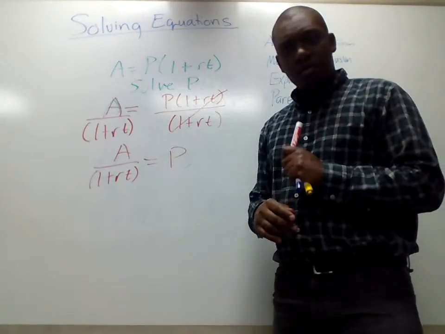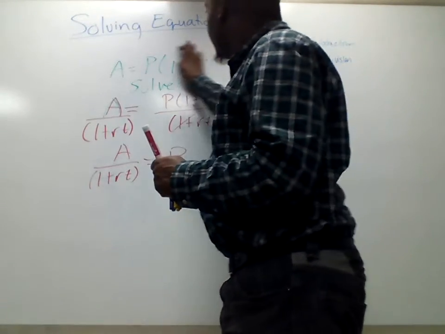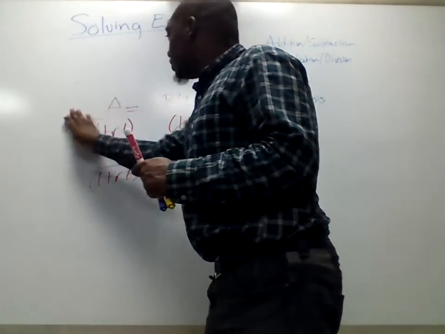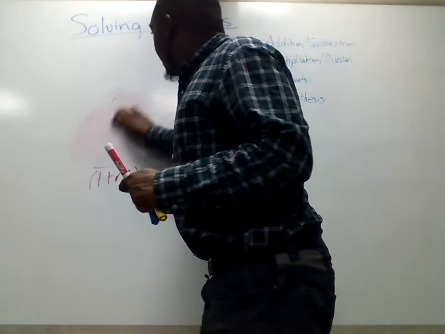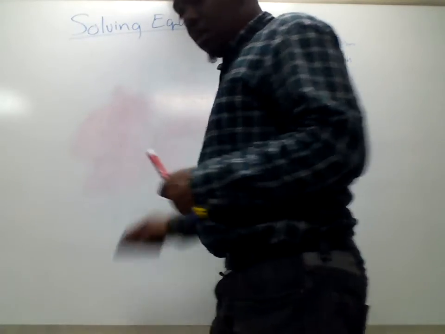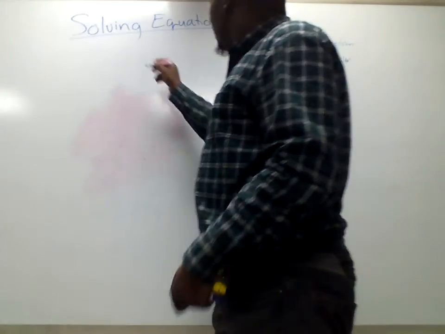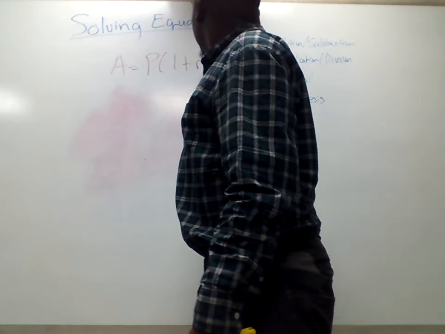Let's look at one more example of solving for an unknown. We'll actually use the exact same formula. So remember A was P(1 plus RT).